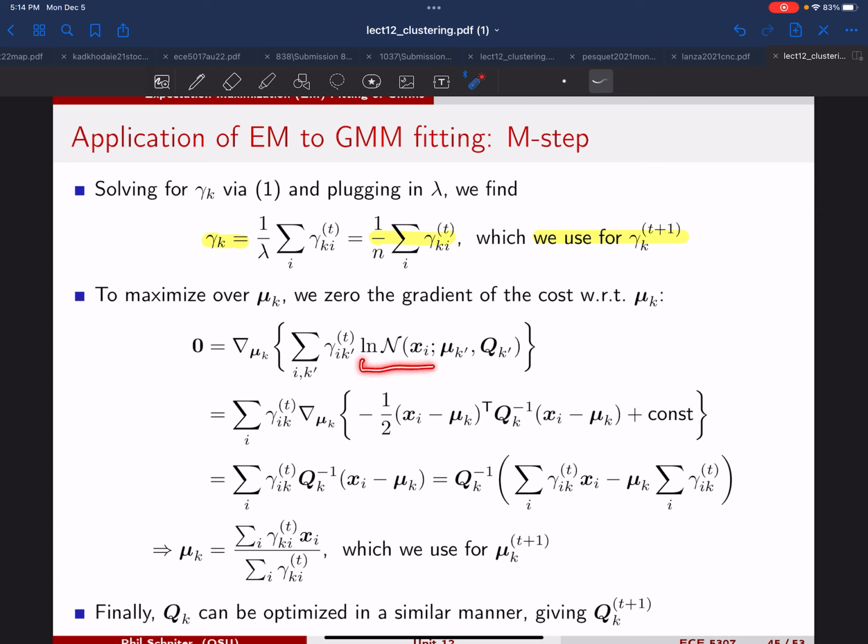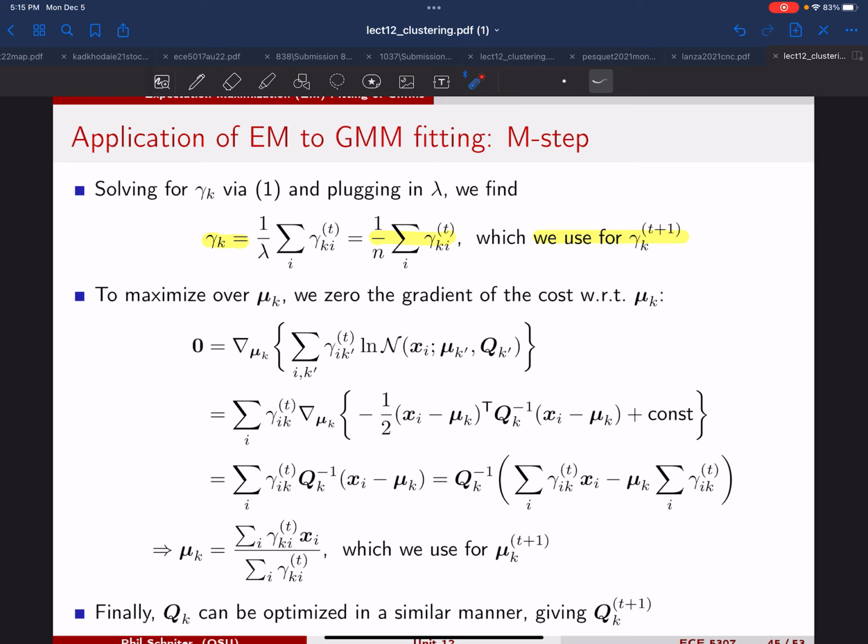And in fact, we can expand the natural log. Log of this Gaussian is going to give us this quadratic term plus a constant. This term is from the scaling factor. This is not a function of mu k, so it's not important to know what the value is. And finally, we take the gradient of this with respect to mu k.